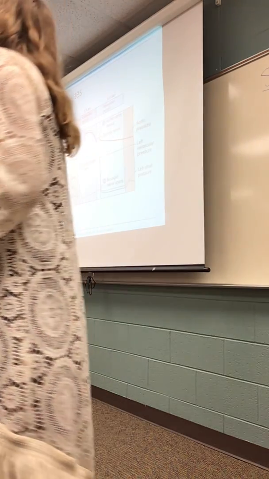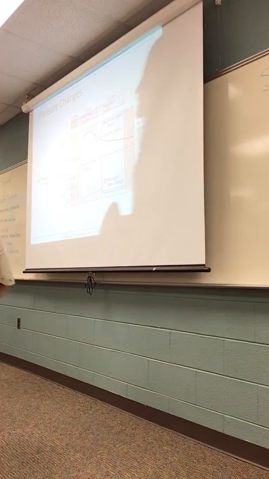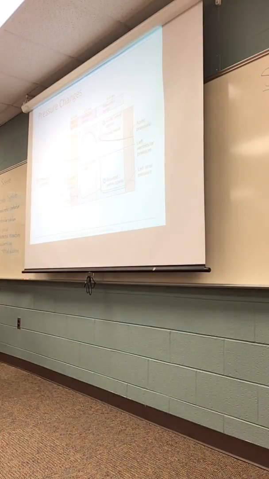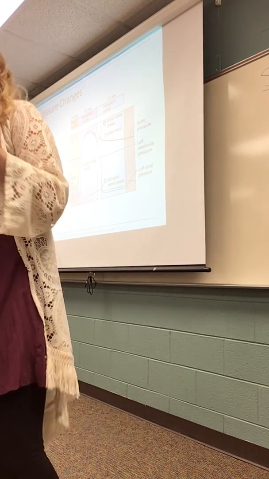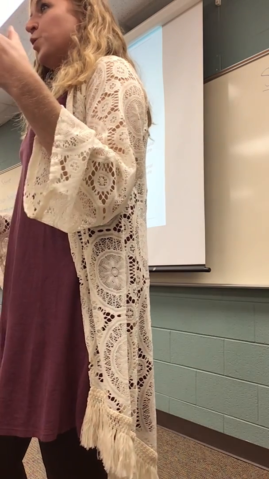But remember, isovolumetric contraction is one of our phases of ventricular systole. It happens right before ventricular ejection. Isovolumetric means that the chamber is full, but both valves are closed for a very brief period of time. It's isometrically contracting, so it's building pressure without shortening.